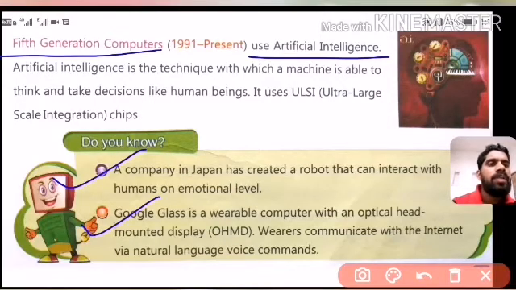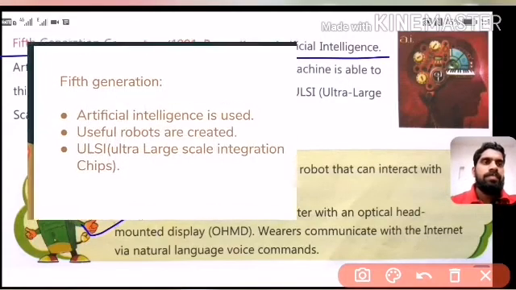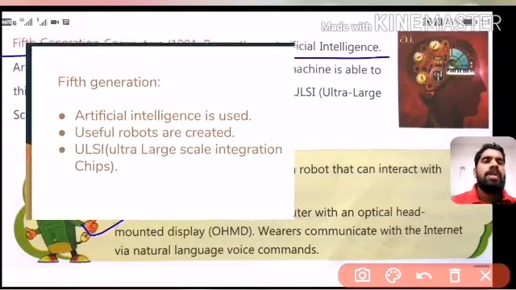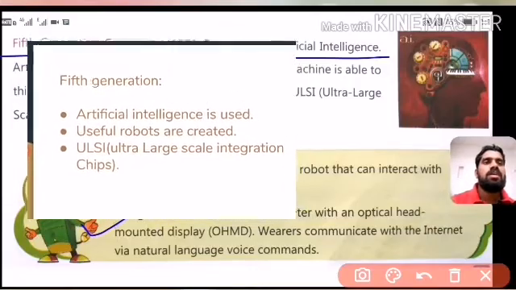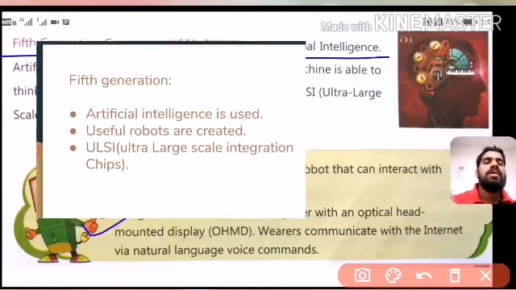Wearers communicate with the internet via natural language voice commands. So this type of invention is made in this fifth generation. Nowadays all things are using artificial intelligence.